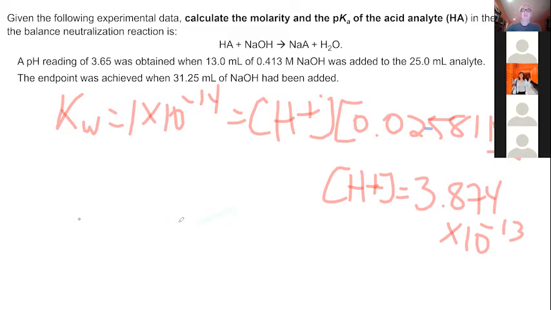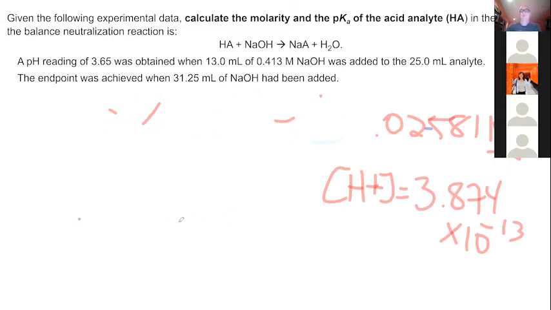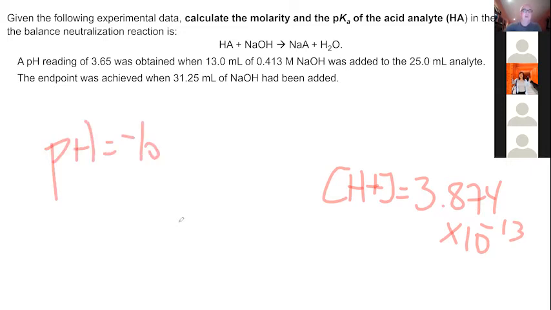And if I have a concentration of H plus, I can figure out the pH. Because what is the pH? Negative log of what? Of hydroxide ion. No. Oh, I meant H plus, hydrogen ions.